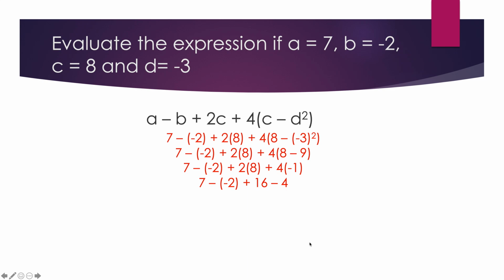Then I did the multiplications, which 2 times 8 is 16, and 4 times -1 is -4. And then, very important here, we just go left to right because addition and subtraction have the same priority. So 7 minus -2 is 9, plus 16 minus 4. And 9 and 16 are 25 minus 4, and that gives me 21. So there's a nice review of lots and lots of stuff that we've done with evaluating order of operations, translating algebraic expressions.